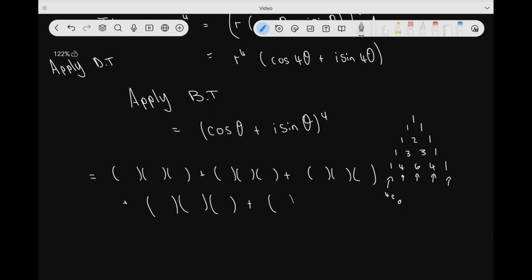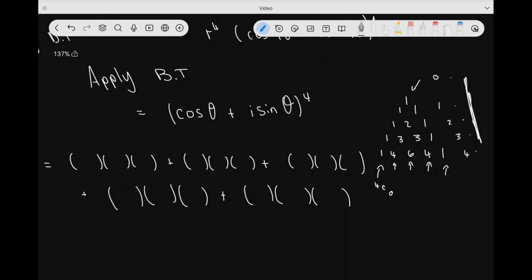However, it's important to understand that with Pascal's triangle, we start counting at 0. So that could be 0, 1, 2, 3, 4. If I count 1, 2, 3, 4, 5 on the side here, I can see there are 5 numbers, and I need to account for all 5 of these numbers: 1, 4, 6, 4, 1.